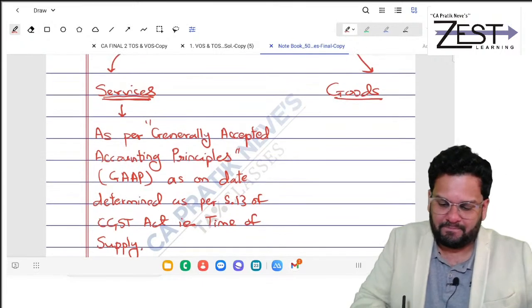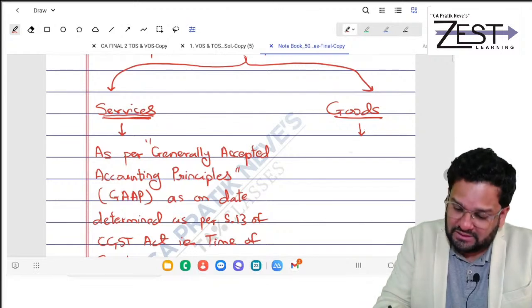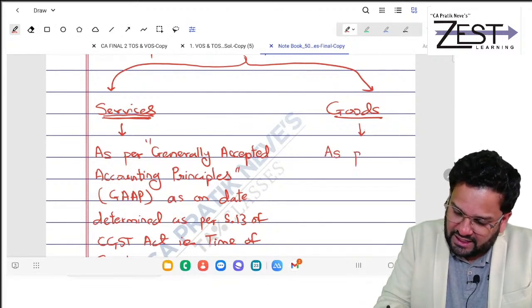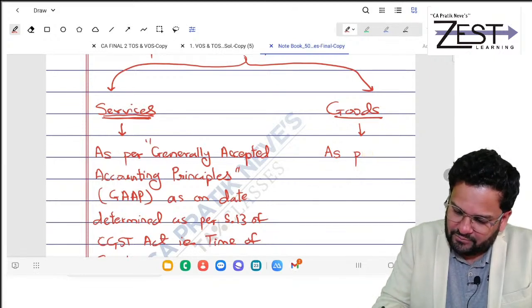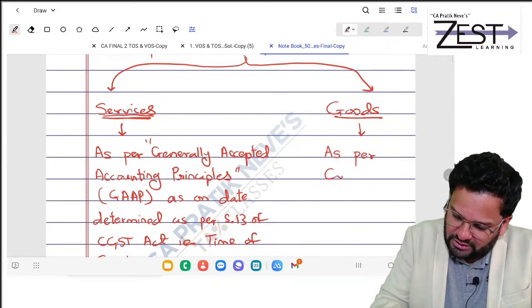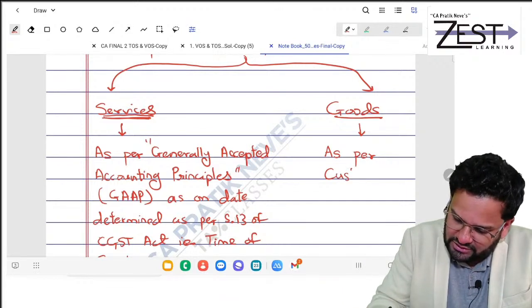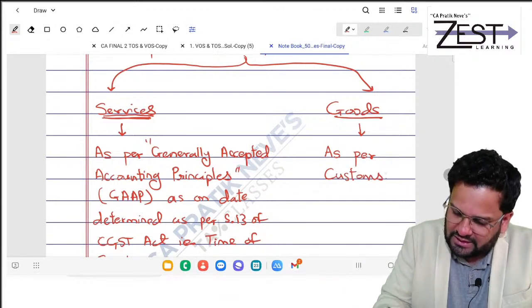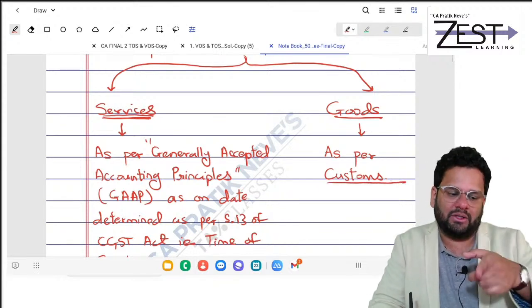Clear? And for goods, it is as per customs. It is as per the Customs Act. Getting it? So when you do customs, you will understand this in detail. So here I will not discuss anything about that. It is as per customs. When we do basics of customs, you will understand it better.